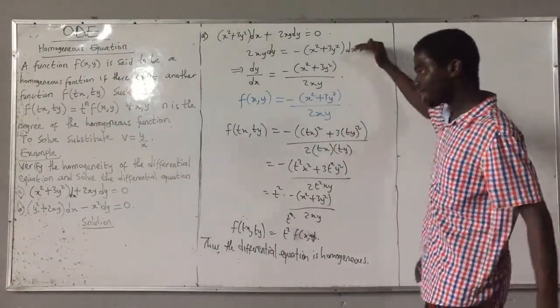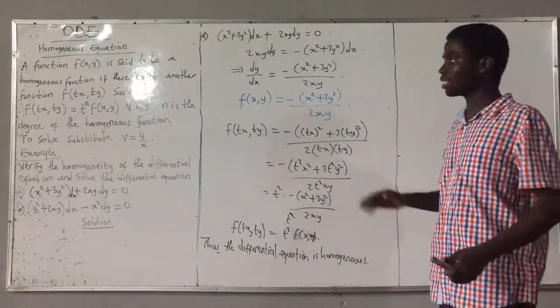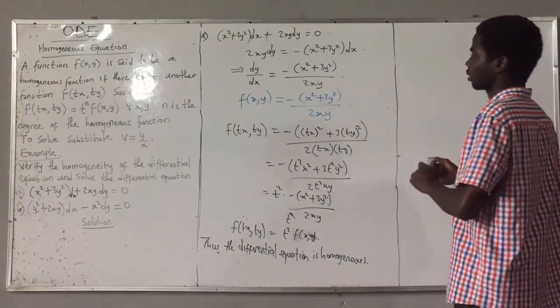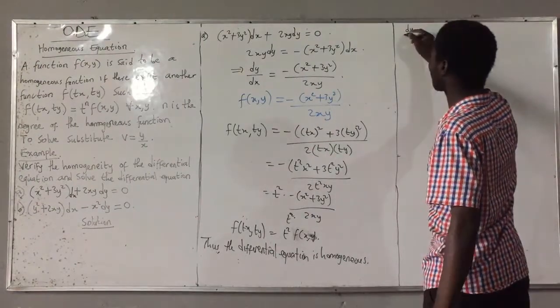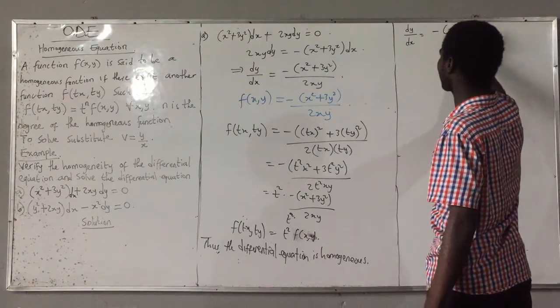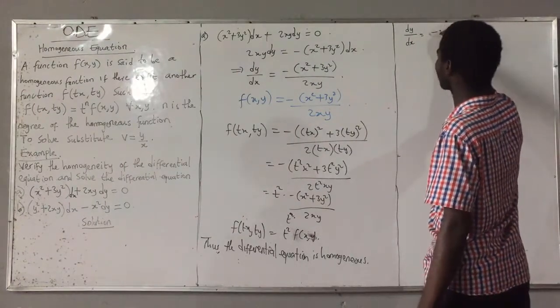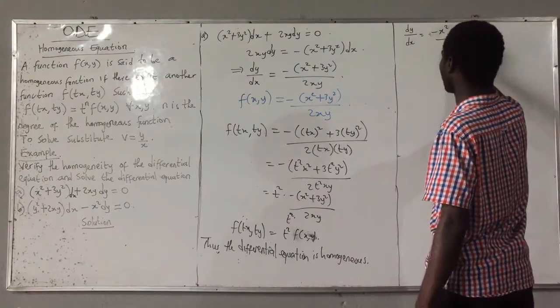So, the first thing I did here is that I have shown that it is a homogeneous equation, right? Now solve it. This is where you start from: dy/dx is equal to minus x squared minus 3y squared all over 2xy.